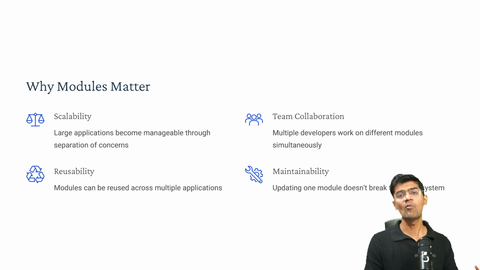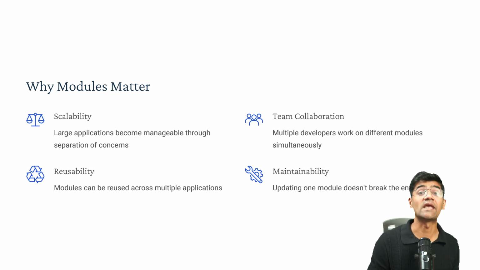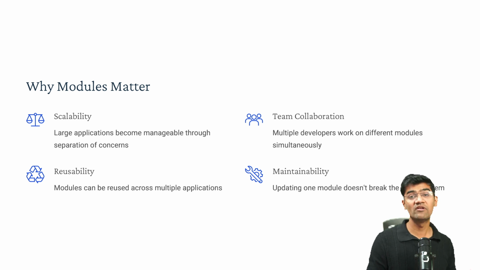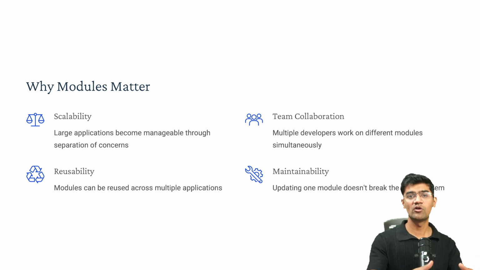Now, why do modules matter? Scalability, right? If we have multiple modules, it means responsibilities are limited to that particular module. It will be easy to scale. Also, it will be easy to collaborate in a team. If there is just one module and everyone is working on that module, conflicts will be high.